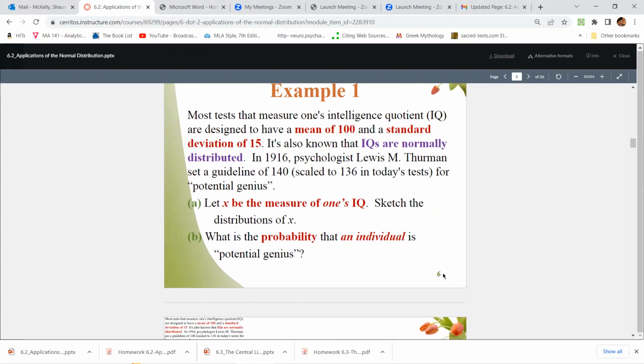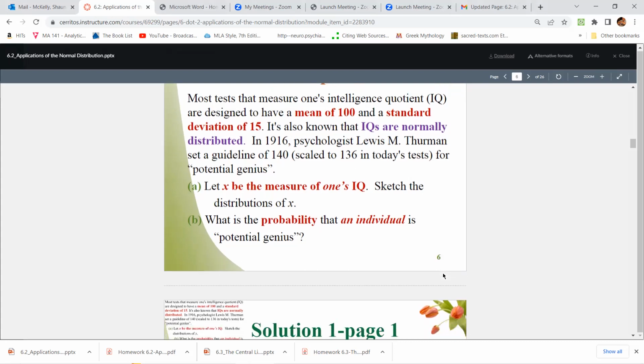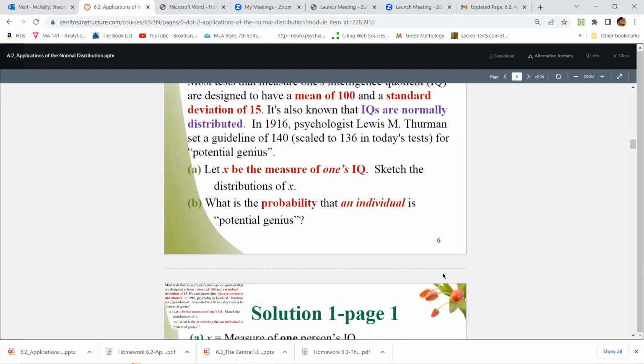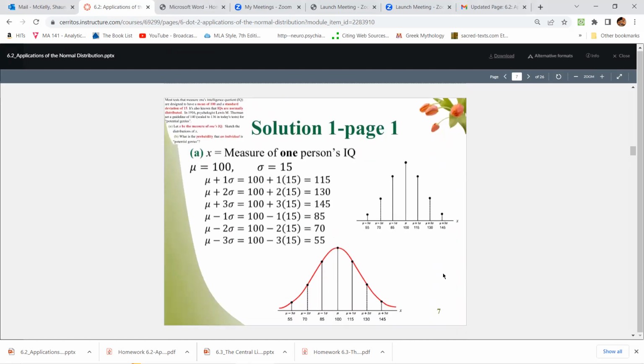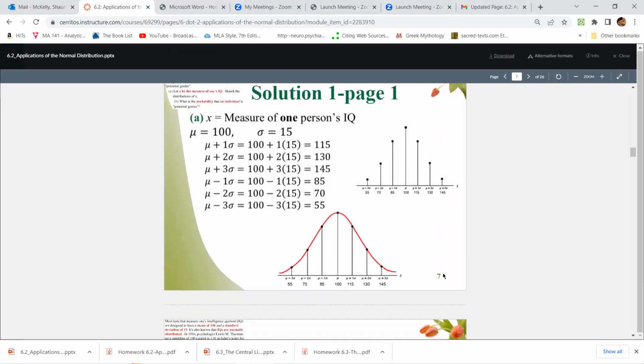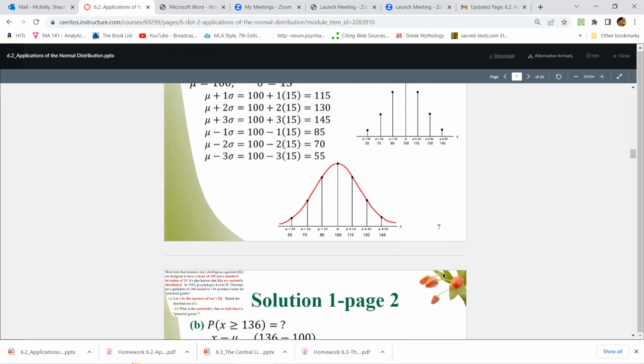In 1916, psychologist Louis M. Terman set a guideline of 140, scaled to 136 in today's tests, for a potential genius. Let X be the measure of one IQ, sketch the distribution, and then what is the probability that an individual is a potential genius? So here, this should look familiar to you.